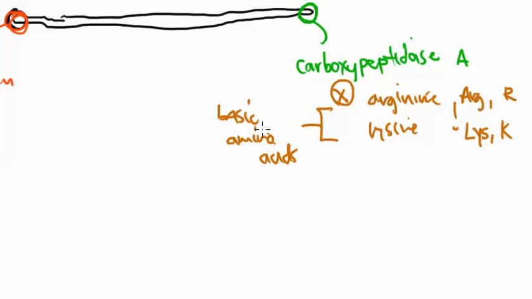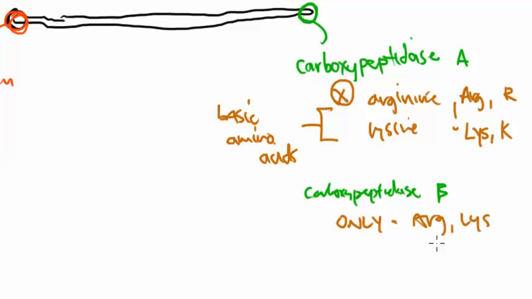Now, we have another version of this carboxypeptidase. Carboxypeptidase B will only work and will only cleave if there's arginine or lysine at the end. Okay, so this kind of allows us to play both sides of the fence.